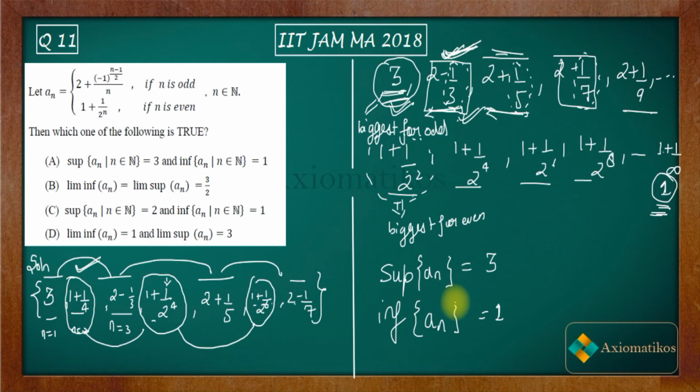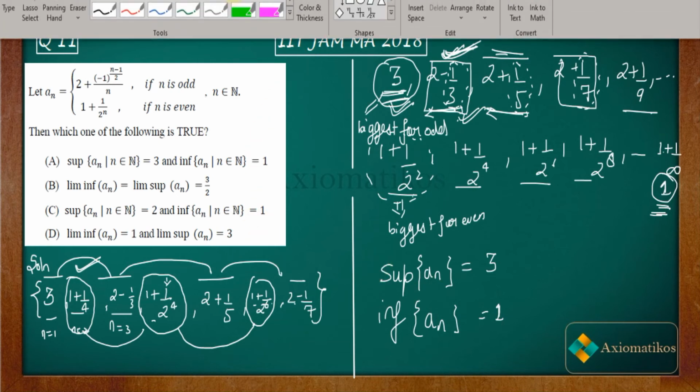I am not proving this formally, but what I am doing here is just trying to explain what a common student can think in an exam. So I am not proving anything mathematically. I am just trying to help you in this way such that you can do the same thing in your exam. So that means A is the correct one and all the remaining options are actually false.